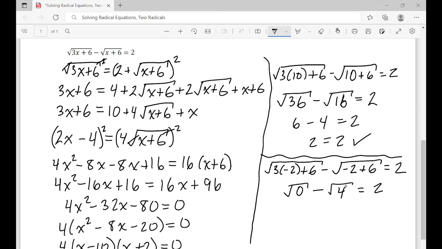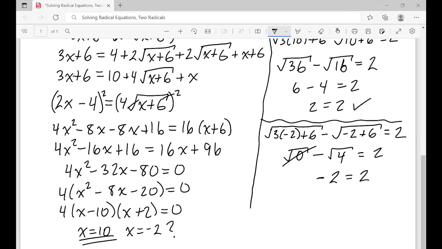The 0 just goes away, so we don't need it. And then the square root of 4 is 2, but it's a negative in front, equals 2. Negative 2 does not equal positive 2, so we can just get rid of it. This is not a solution, so we just X it out. And our only answer for this radical equation is positive 10.